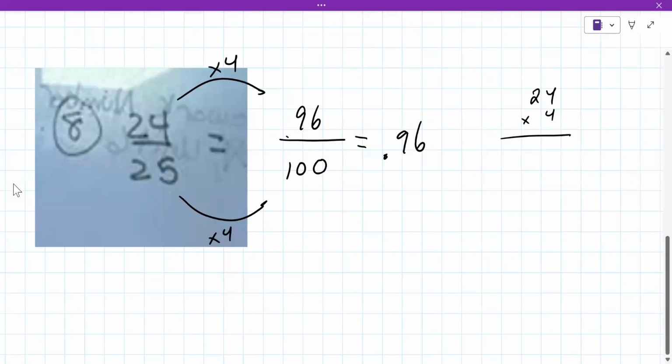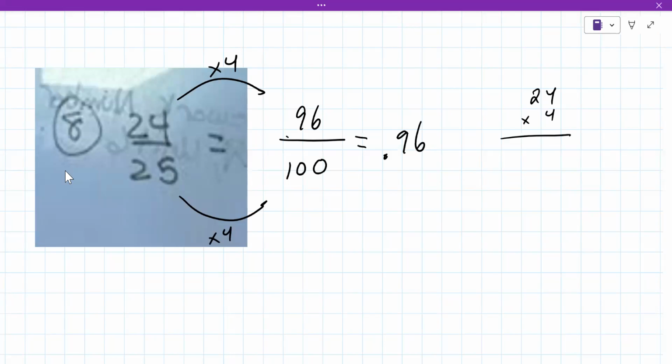Why don't you try number 9 on your own, please? 46%.